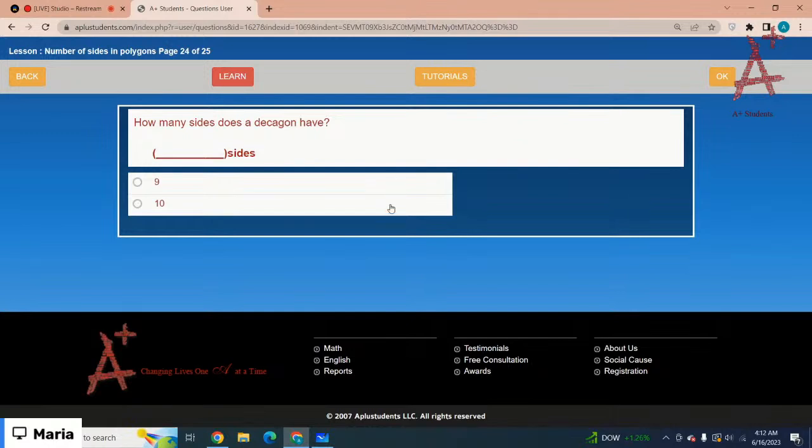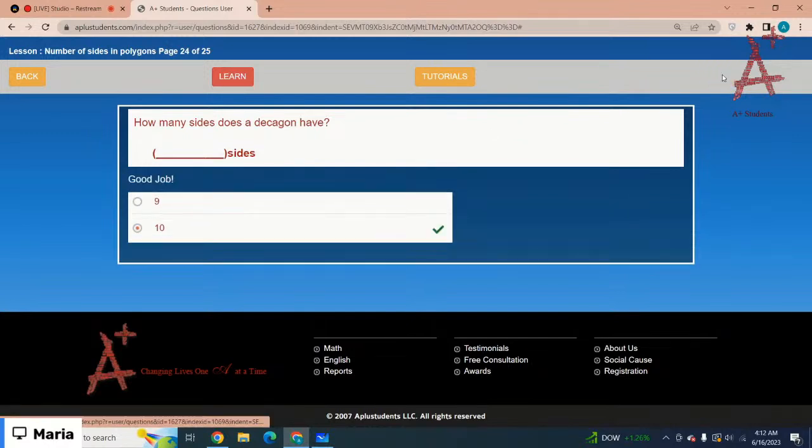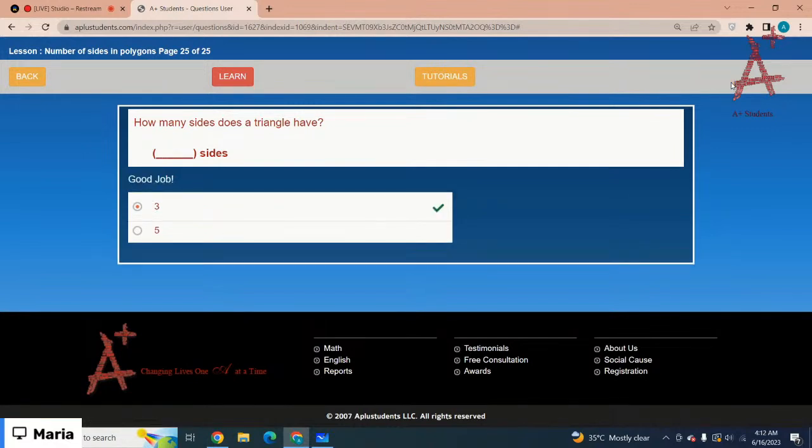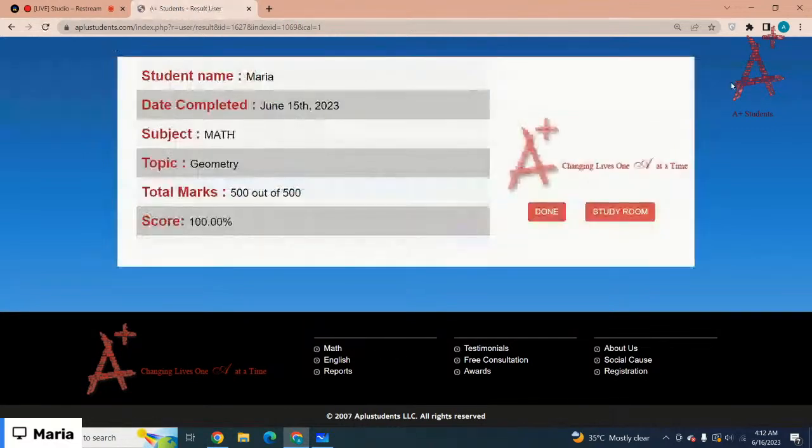A decagon has 10 sides. How many sides does a triangle have? Only 3 sides. Got it? A triangle has only 3 sides. Okay, we are done with the lesson. Let's move on to the next one.